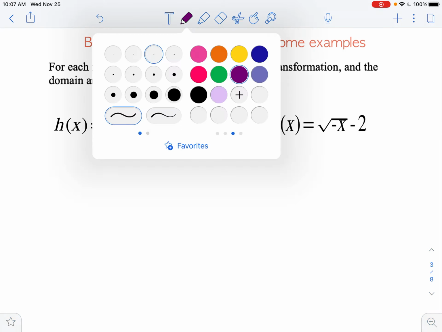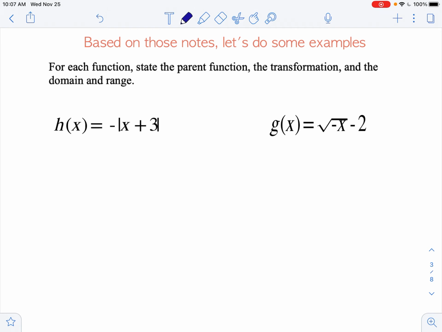So I want to take this step by step. The first part is just state the parent function, right? So what is the original function if it was unchanged? Our options here are either the quadratic, the cubic, the absolute value, or pretty much the square root.